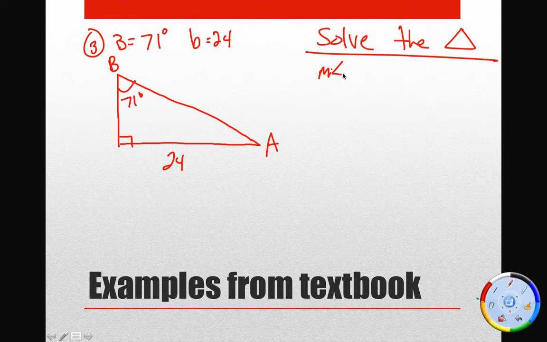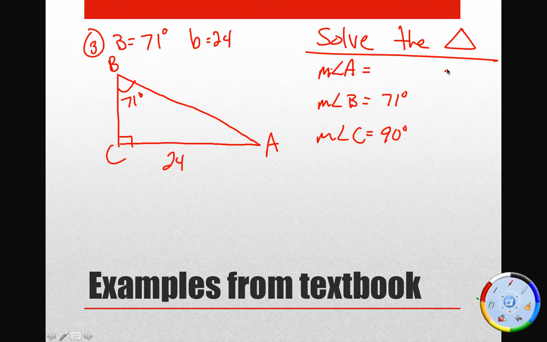So the measure of angle A, the measure of angle B, and the measure of angle C. Obviously, they give you one of the angles. So it tells you B is 71, and obviously C is 90. Really what you're trying to look for is all the missing pieces, but I like to put all of the pieces down.